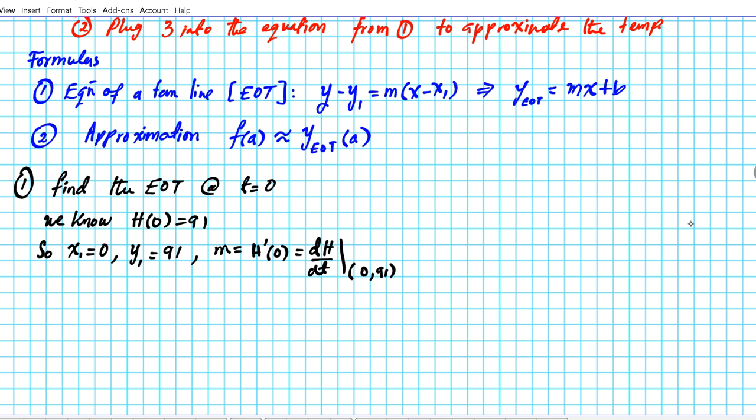For this particular problem, you just have to know that the x component, or the t component, is 0, and the y or the h component is 91. You want to keep track of what your values signify, so you don't mess it up when you're carrying out your substitution.